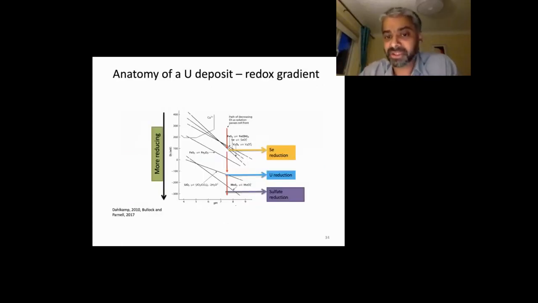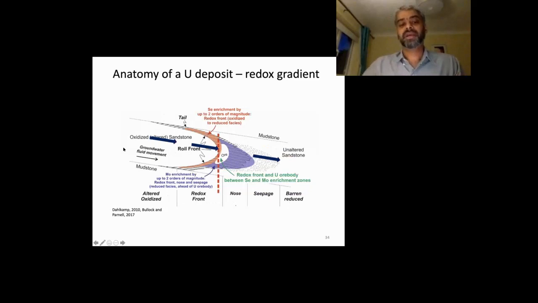And as Catherine already showed you, we have here a very systematic order of reduction based on the redox potential. So first we see selenium reduction, and then uranium, and then molybdenum, and then sulfate. Any uranium deposit shows the same pattern when you look at the solids.